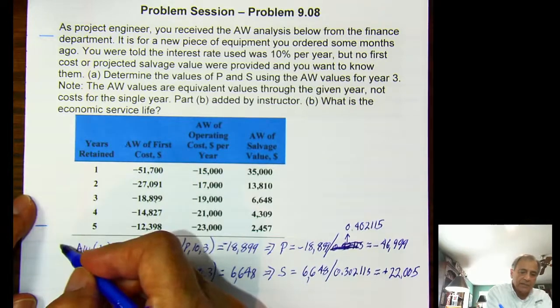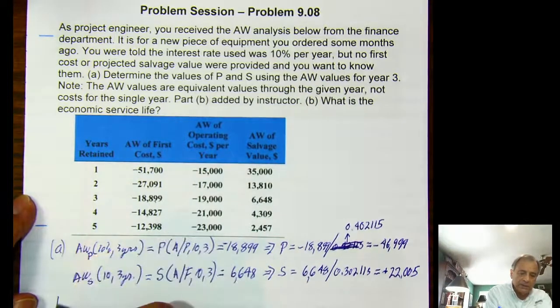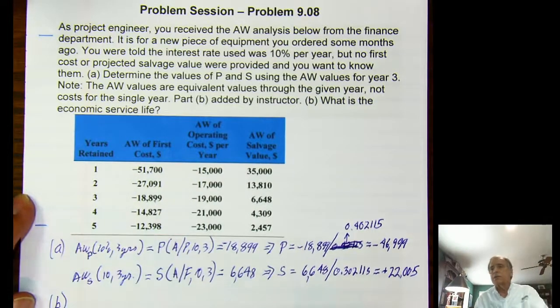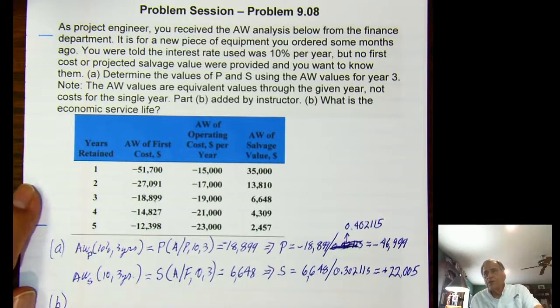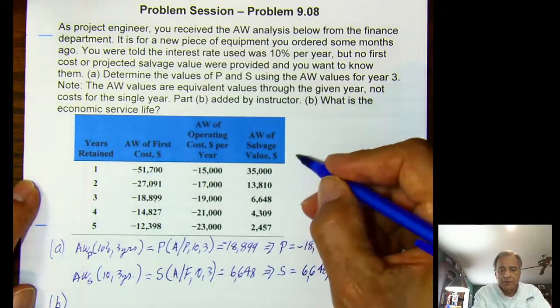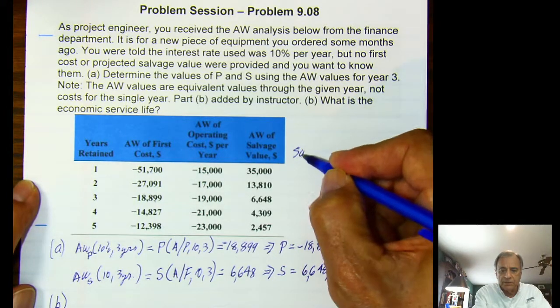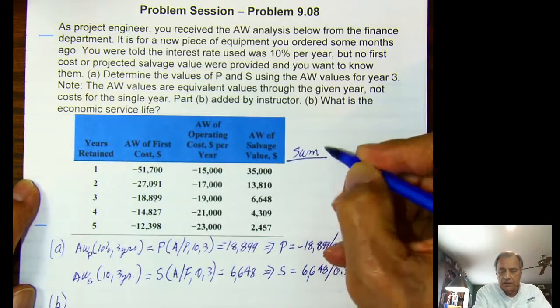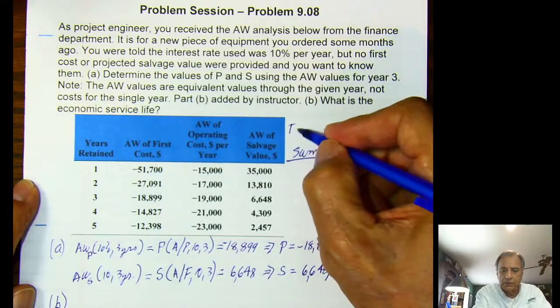I added a part B, which was to find the economic service life. The economic service life is the number of years to minimize annual cost or maximize annual value. So I'm going to sum these columns to get the total annual worth.